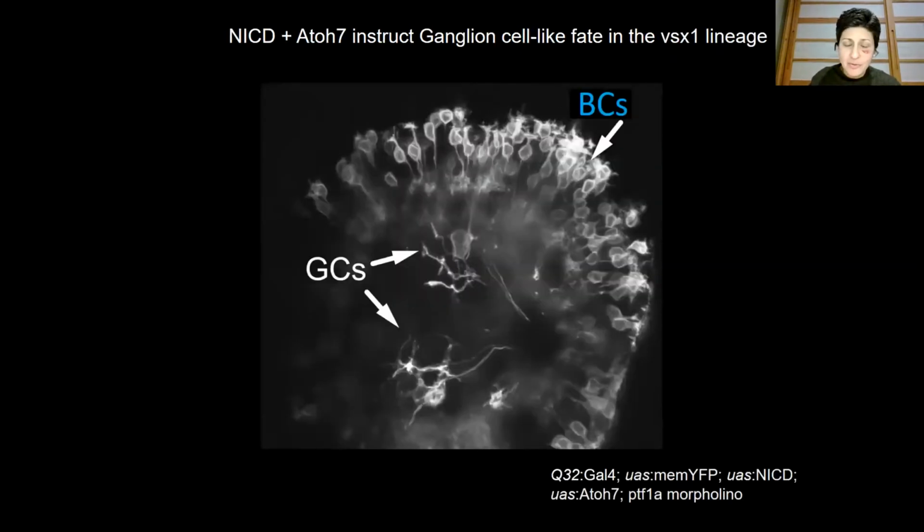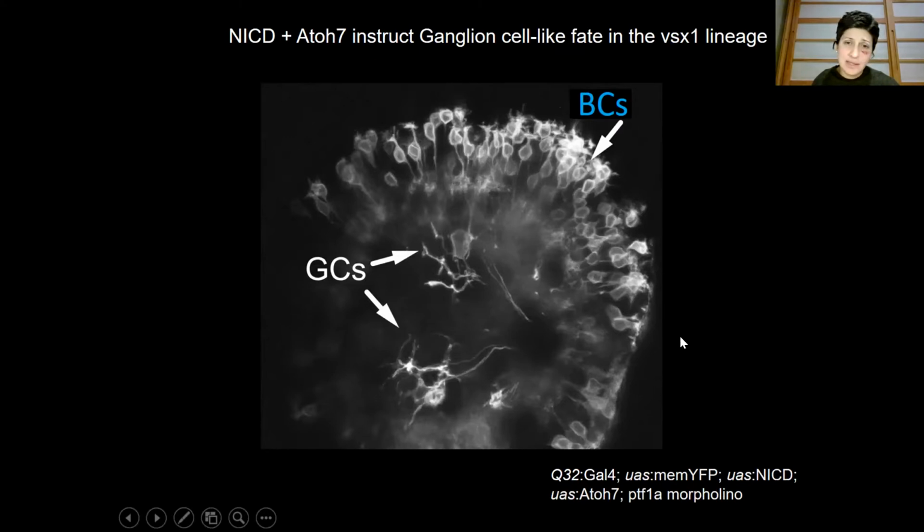We were able to get what we call ganglion cell-like cells. So it was not a terribly successful experiment. The number of times we got such cells was very low, but we were encouraged by the fact that we were able to generate ganglion cell-like cells that seem to have features. So they expressed molecular markers like ILO2B. They had axons leaving the retina, and on occasion we were able to see axons even in the optic chiasm.